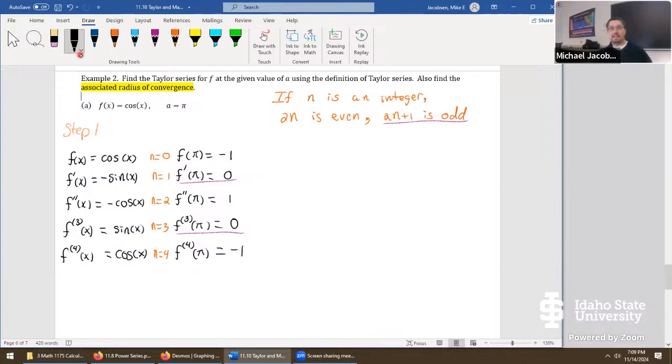So next step, we can now write, let's say something about maybe the odds first, because these are the ones that go to 0. f at any odd derivative, 2n plus 1, put a 0 there, for example, to get to a 1, put a 1 in there to get to the third order derivative. Evaluated at the center pi is always 0. That means the coefficients at index 2n plus 1 are also 0.